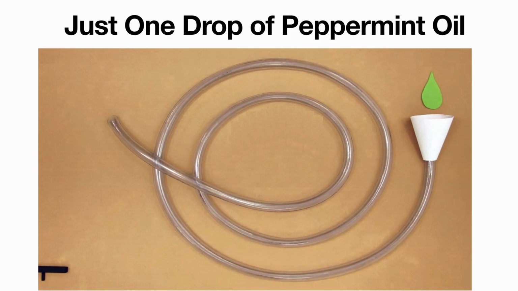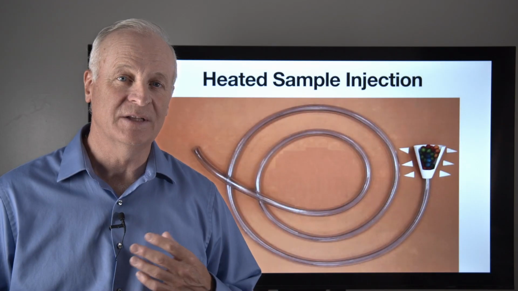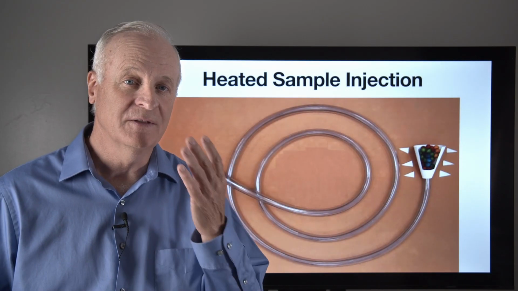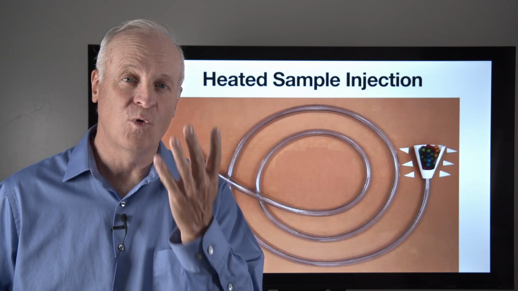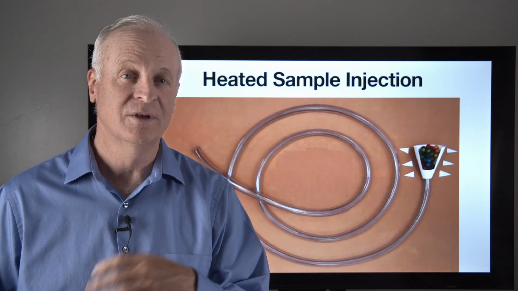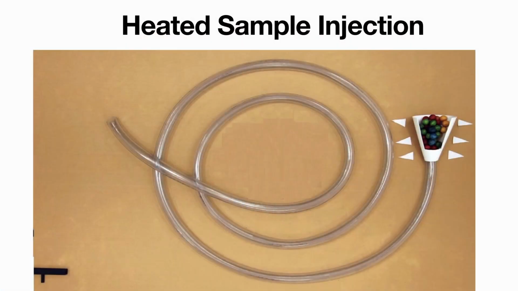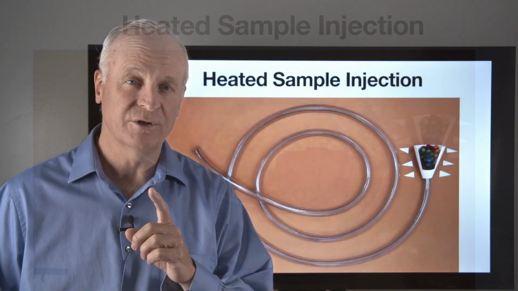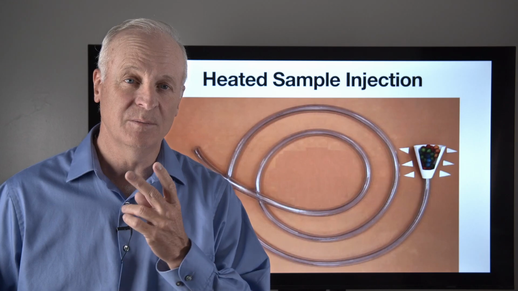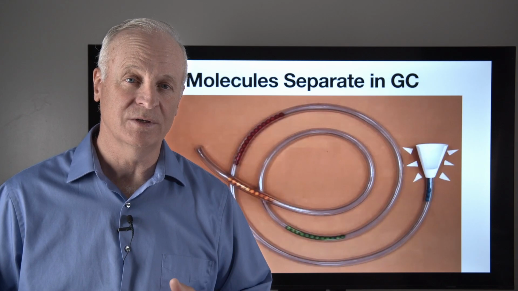Here, one drop of essential oil is added into the injector. As we look at the sample, in this case, we're talking about 4 different molecules found in peppermint. They're just all mixed up. But as the oven heats up, they start to separate. The small molecules move first, then the medium-sized, then the larger ones.